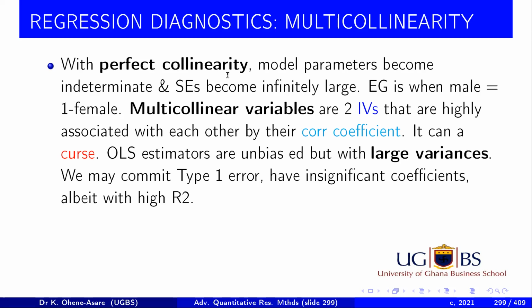I'm giving you reasons. So when you're actually reviewing someone's paper, you're criticizing, and the person is indicating a lot of multicollinear variables that were not correct, there's a possibility of these mistakes. Insignificant coefficients. Okay, you will have a big R square, but your coefficients are not significant. That's serious.